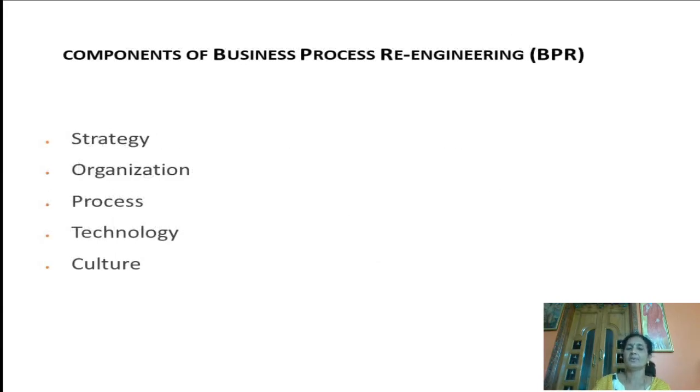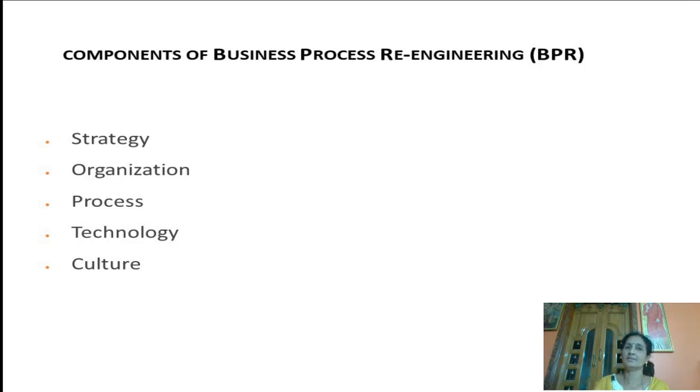What are the components which have to be taken into consideration for this business process re-engineering? Strategy. That is, each organization has its own policies and procedures for a long-term plan. That has to be taken into consideration and that has to be redesigned. The strategy itself has to be redesigned and the organization has to be taken into consideration because this is going to happen in the organization.